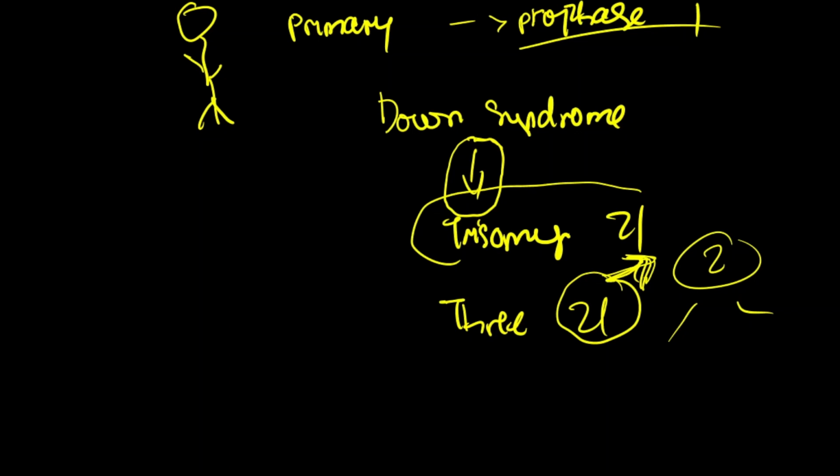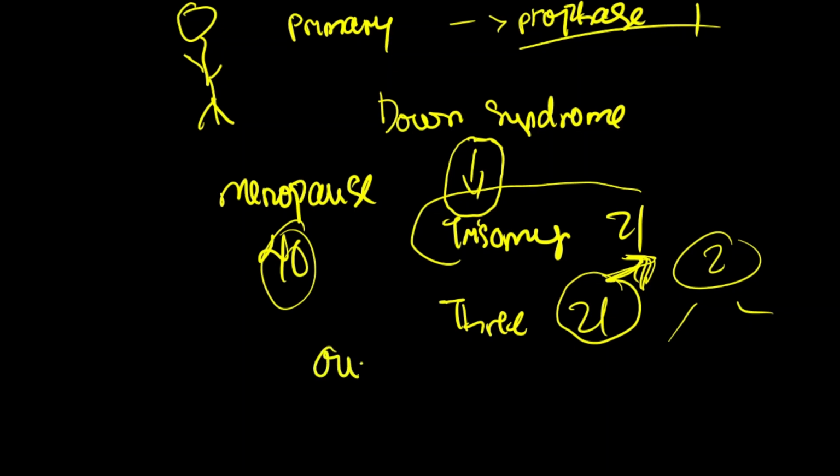Take for example, you have a woman that gets pregnant at an older age, very close to menopause, maybe at an age of 40, and of course ovulation takes place.